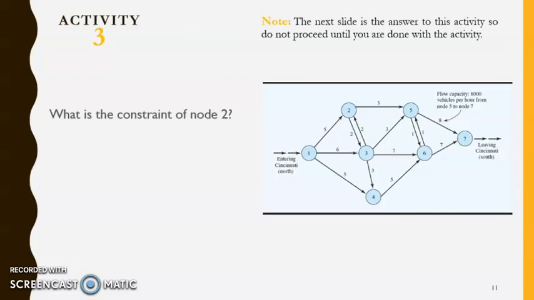After we did the objective function, we start doing the constraints. As we have talked about before, for each node you have a constraint, and it starts with node 2.